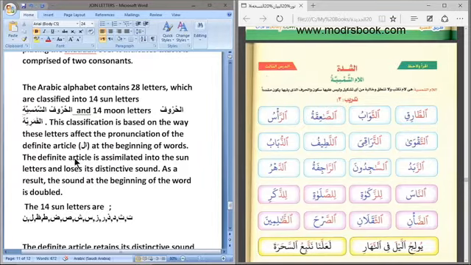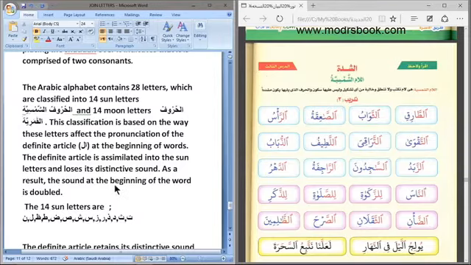The definite article, that is the alif and lam, is assimilated into the sun letters and loses its distinctive sound. So in pronunciation, once we have the alif and lam followed by any of these 14 sun letters, the lam at that place will be omitted. It won't be pronounced.